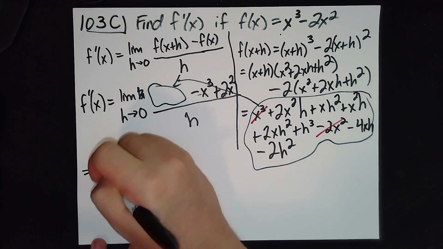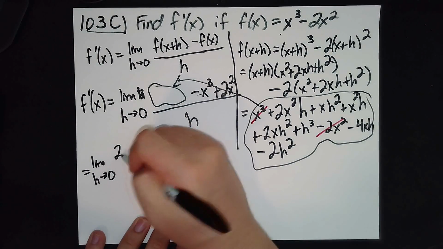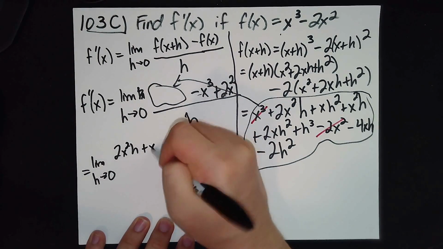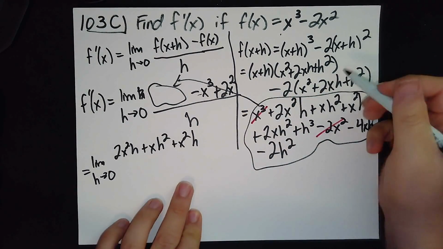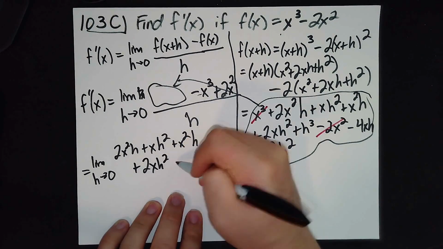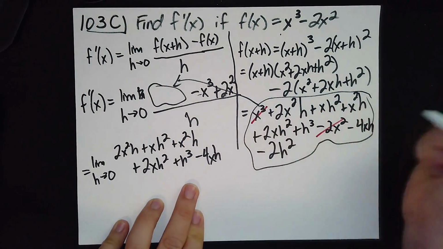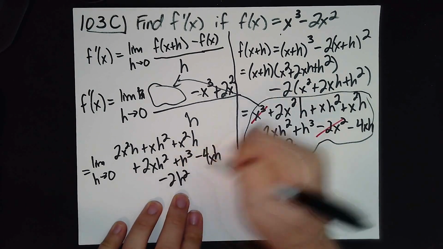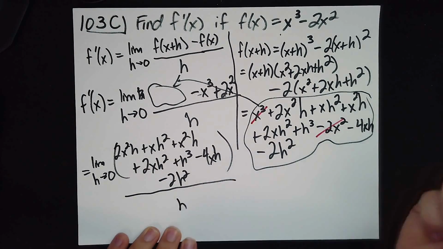I'm going to have equals the limit as h goes to 0 of 2x squared h plus xh squared plus x squared h plus 2xh squared plus h cubed minus 4xh minus 2h squared, that whole giant mess, all divided by h.